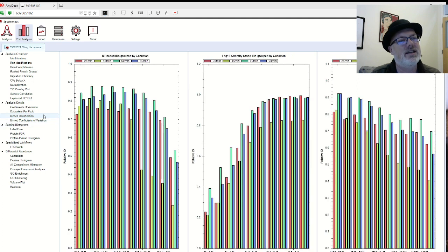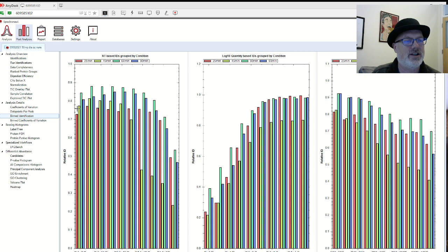Okay, bin identification. These are actually interesting. So this is the RT. They call these RT buckets, or retention time buckets. If you split your gradient length into time, you can see where most of your IDs are, right?